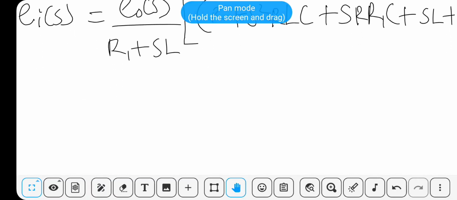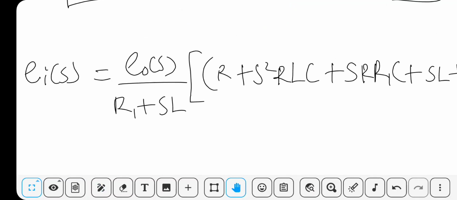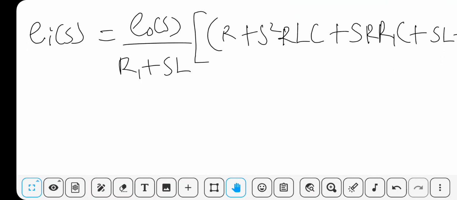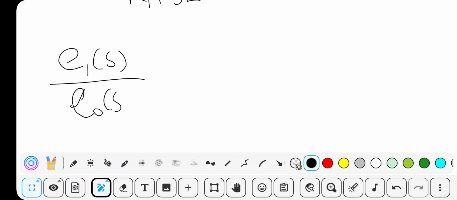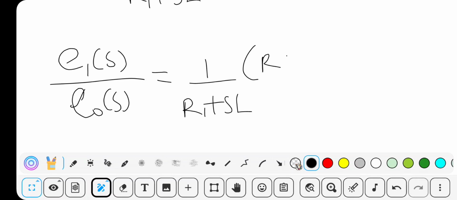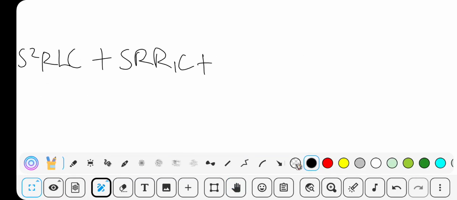This is what you have. And dividing both sides by E naught of S, this is what you have: 1 over R plus S squared RLC plus S R1 C plus SL plus R1.